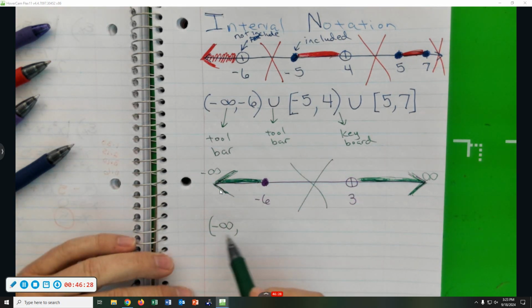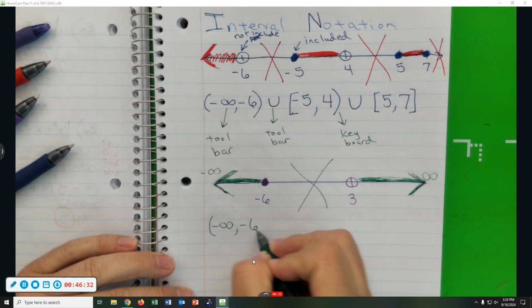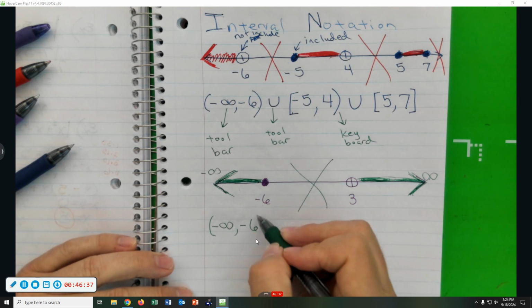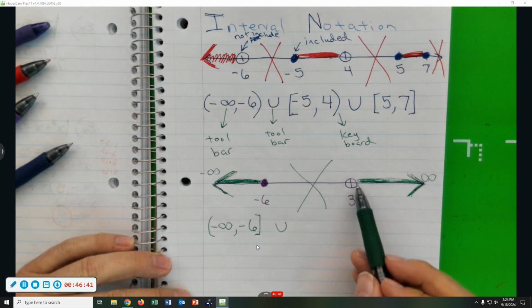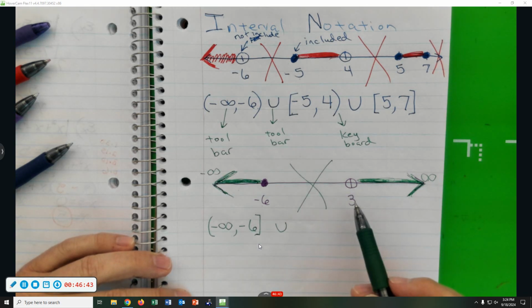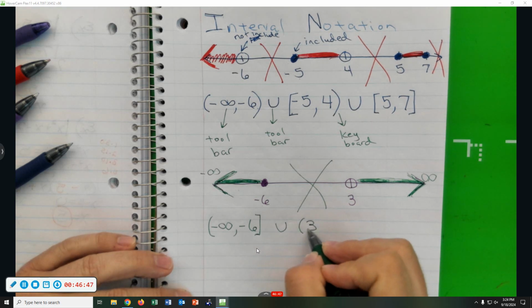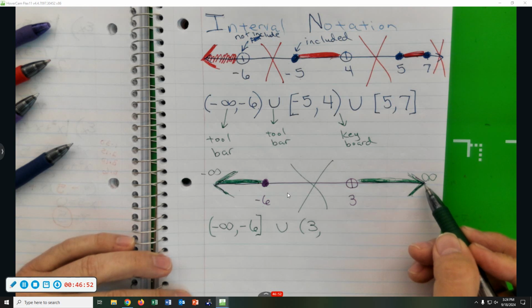So we have a parenthesis, negative infinity, comma. We have a -6. What will I put after the -6? That's a bracket. Union. Now this other interval. Okay, it's not shaded, so I put a parenthesis, 3, comma. The right-hand endpoint, well, there isn't one.